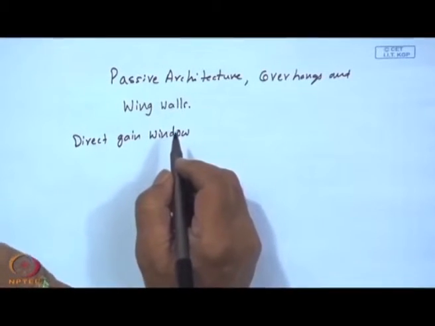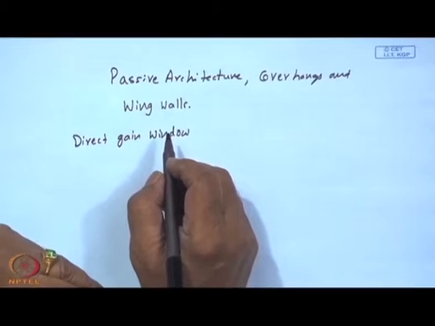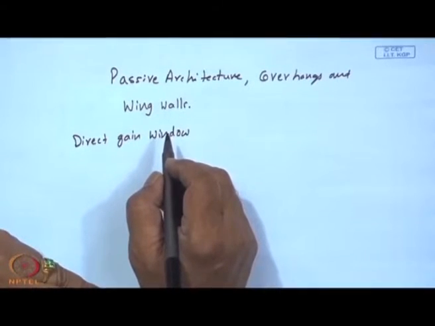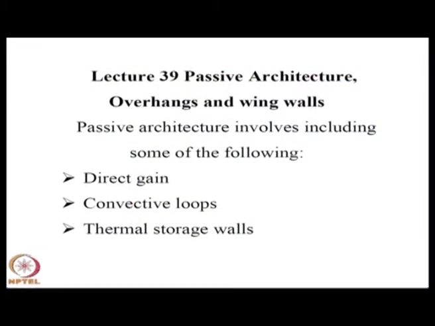It is just nothing but a window, and if you close it, the solar radiation entering into the window will not escape after heating the body inside because of the longer wavelength radiation.